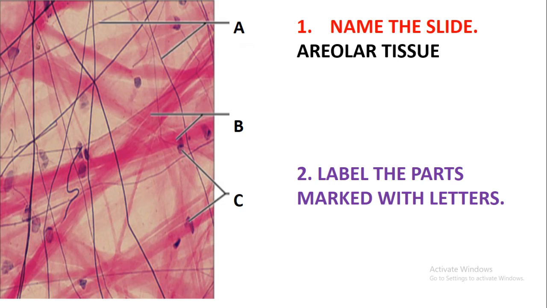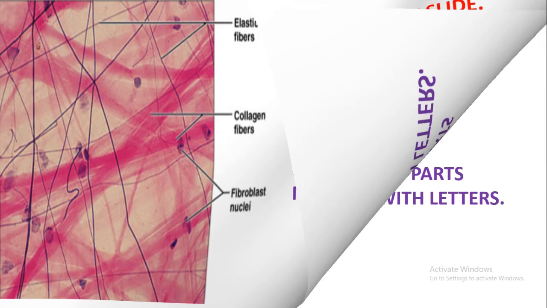A is just the elastic fibers, B is just the collagen fibers, and C is just the nucleus of the fibroblast. Remember, the areolar tissue has a lot of content. You can look at the monocytes, the macrophages, the blood vessels, and a lot of other cells, including the lymphocytes. You are going to find them in the areolar tissue, but that's the subject of another day.